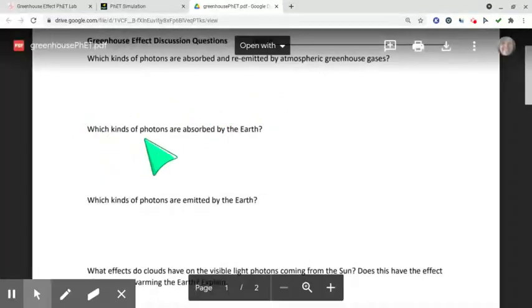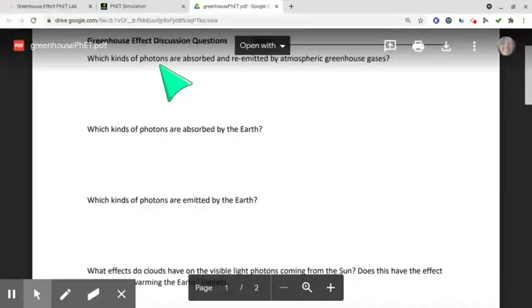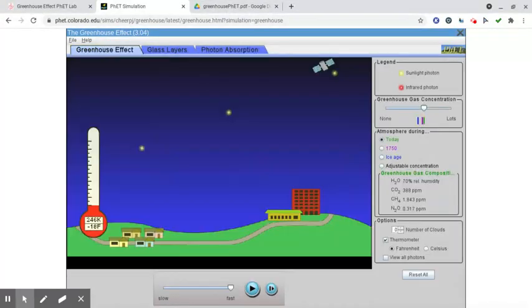Which kinds of photons are absorbed by the Earth? Well, we'll need to go back to our simulation. And let's go back to the Earth part. And we'll let them flow. Here you can see some visible light, some sunlight photons.